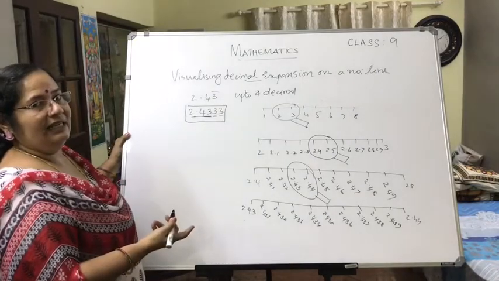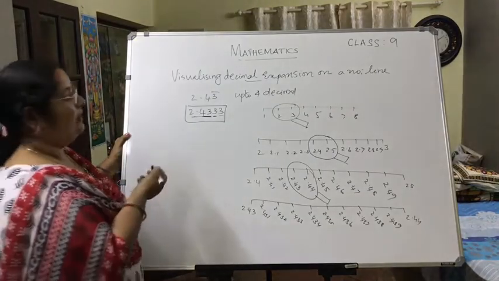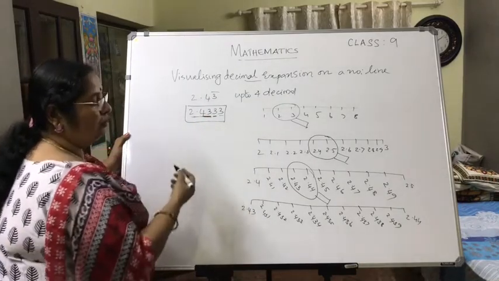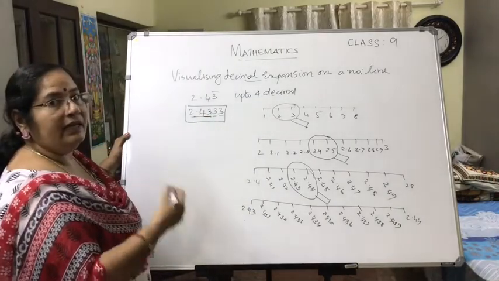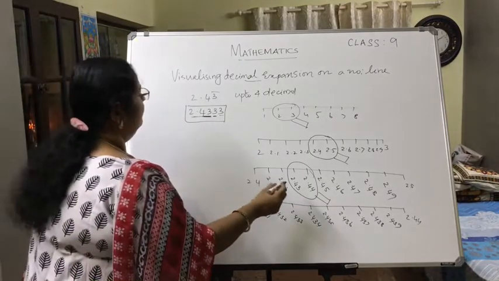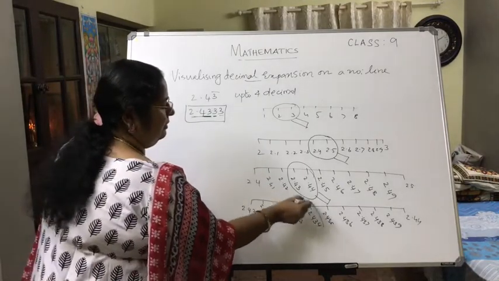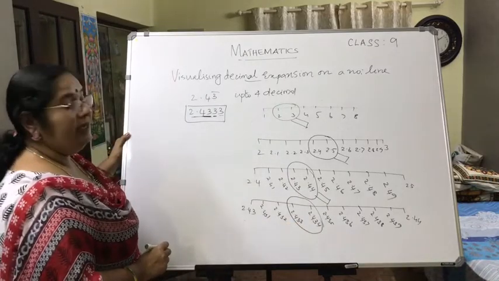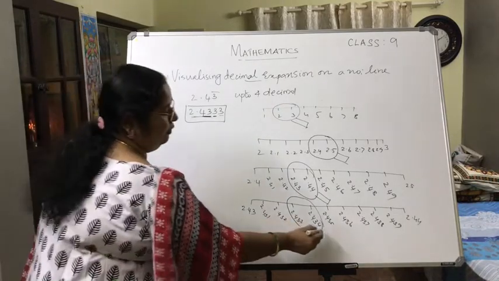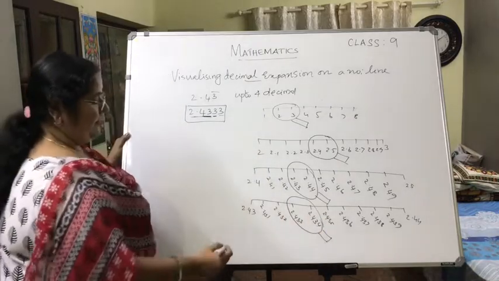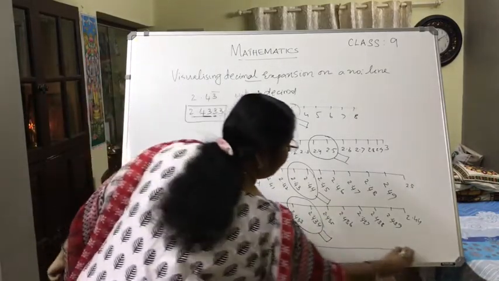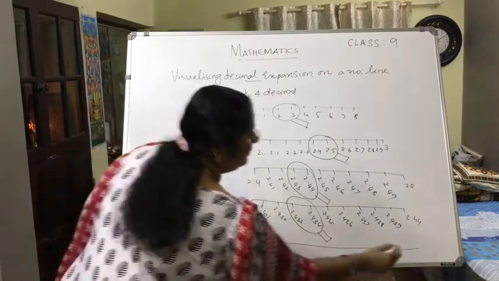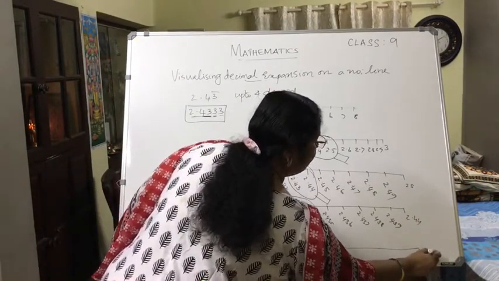Now you will see the last digit, 2.4333. Where will that come? It will come between 2.433 and 2.434. So 2.433 and 2.434, you are going to enlarge this. So the last one between 2.433 and 2.434.